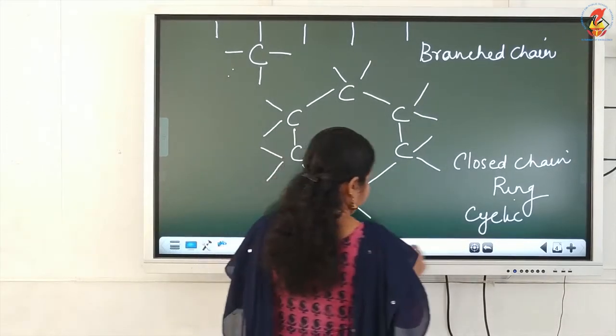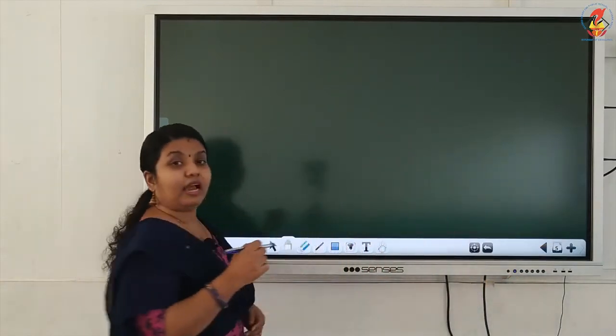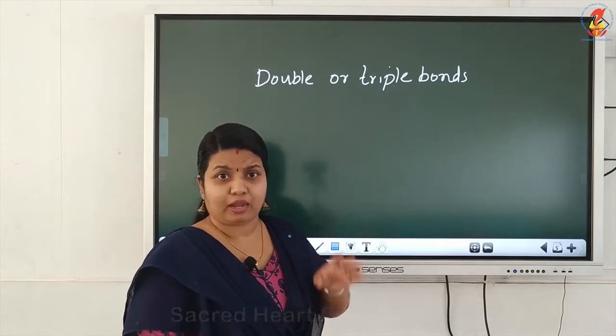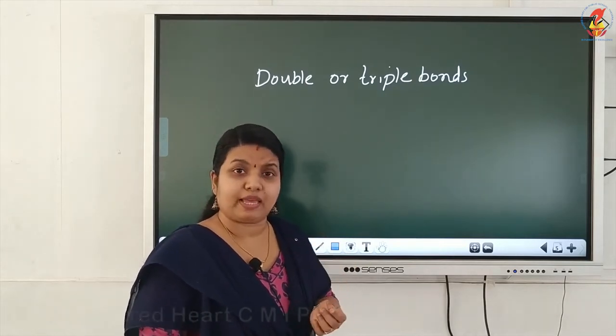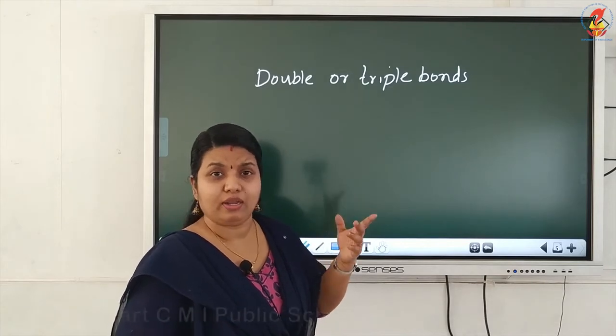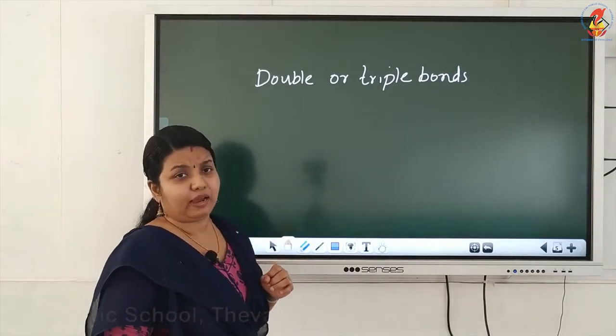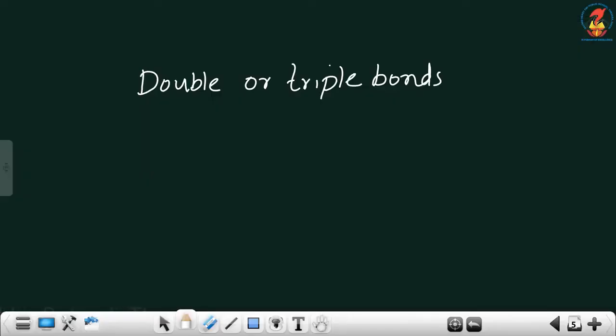Now in addition to this, carbon atoms may be linked by double or triple bonds. Here what I have shown you is chains with single bonds only, but carbon has 4 valencies. So carbon atoms can be joined by means of double bonds or triple bonds.